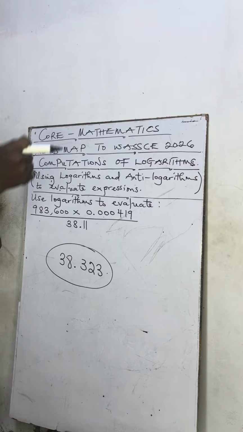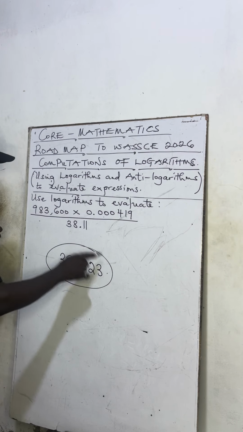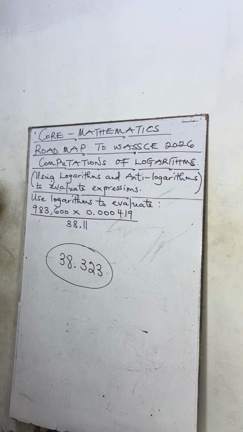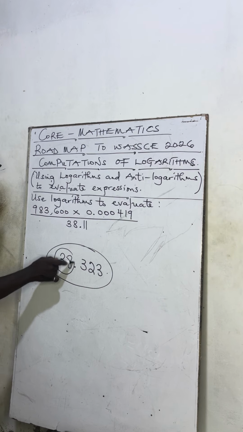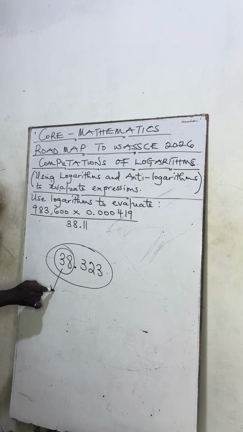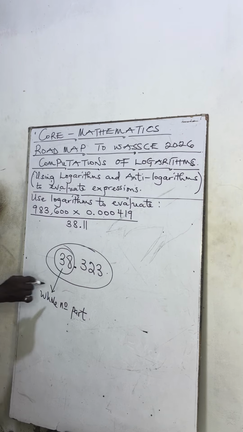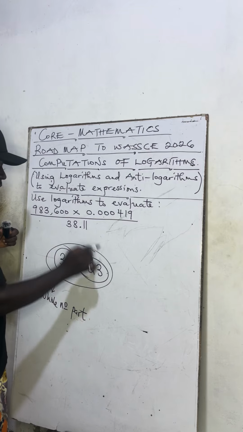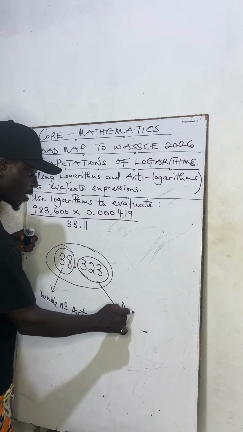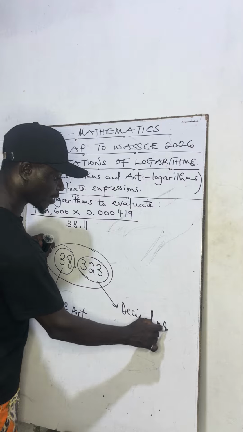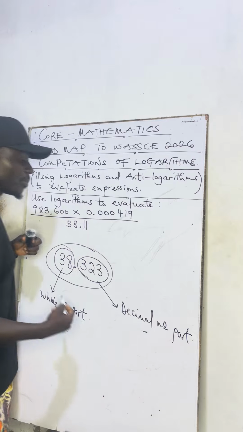We just computed a number and we had this 38.323. So now this 38, that's before the decimal point, the whole number part. Then after the decimal point, we have the decimal number part.